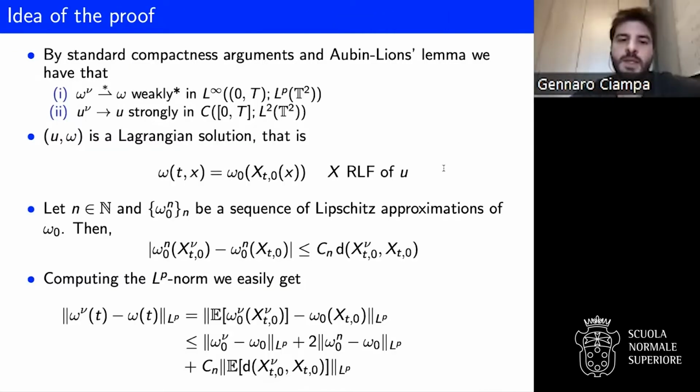So as I already said, the idea of the proof is to rely on stability estimates for the flow. You know that the limit is Lagrangian, and basically, by simple inequalities, you can estimate the difference between omega nu and omega with the difference of the flows.